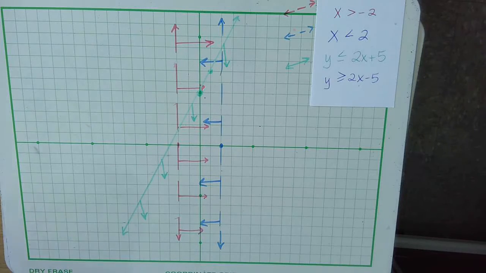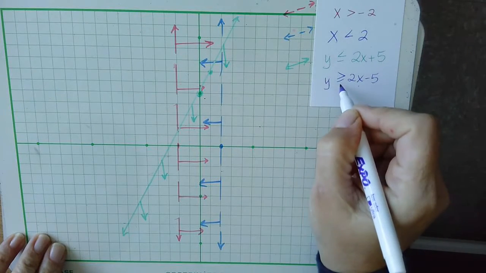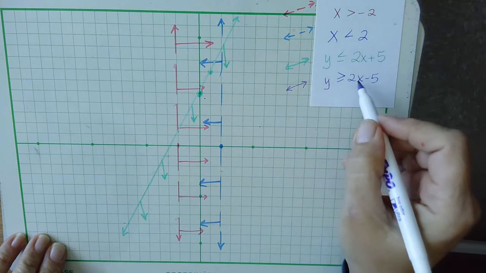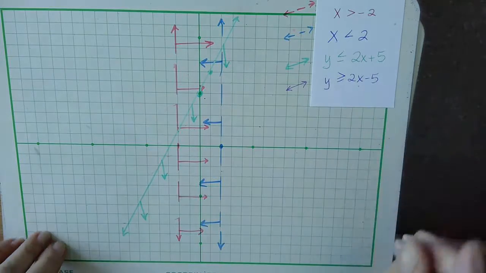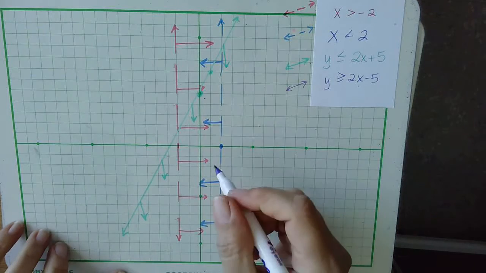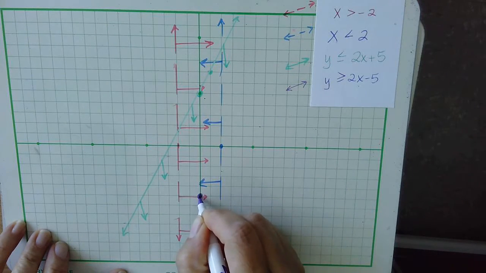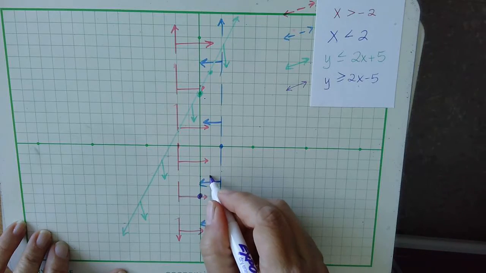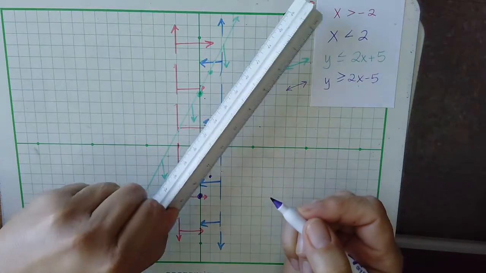And this last one will be a solid line because I have greater than or equal to. And I go to where y is -5 here. My slope is 2 again, up 2 and over 1, and graph with a solid line.